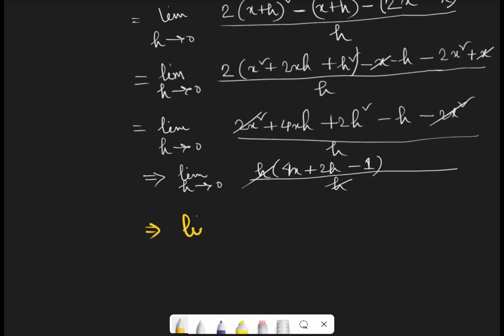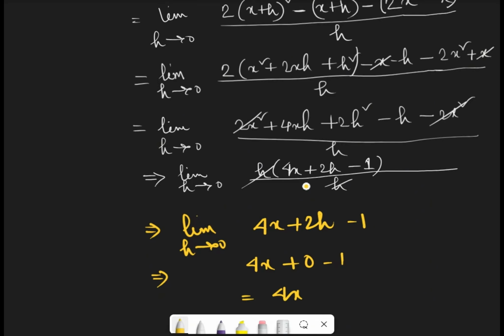So limit h tends to 0, and what is left? 4x plus 2h minus 1. Now plug in the value of 0 for h. So the final result will look like 4x plus 0 minus 1. So the final answer is 4x minus 1.